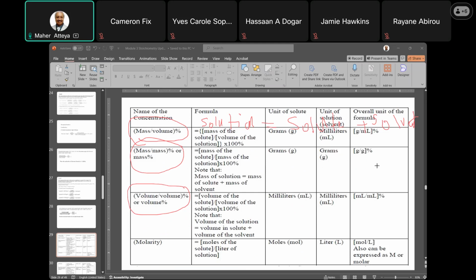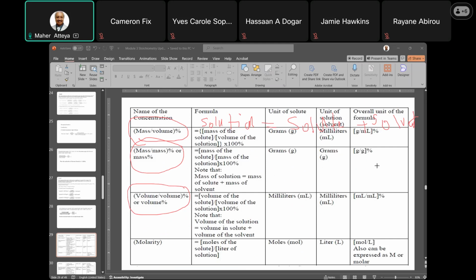In order to have a solution, which is a homogeneous mixture, both solute and solvent have to have the same polarity, whether both are polar or both are non-polar, correct? So say I put sugar as a solute in grams and H2O as the solvent. I dissolve 2 gram of solid sugar in 200 mL of H2O.